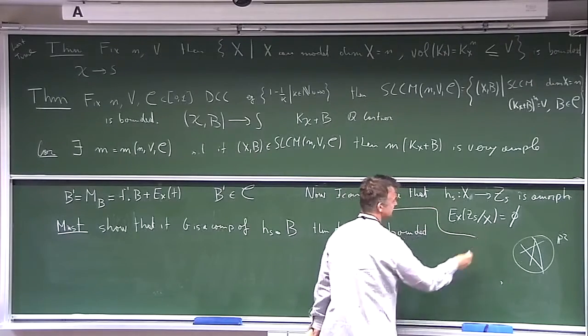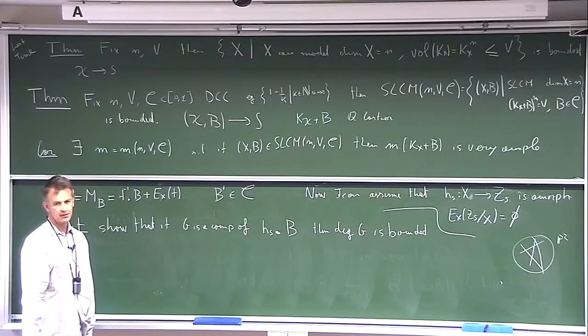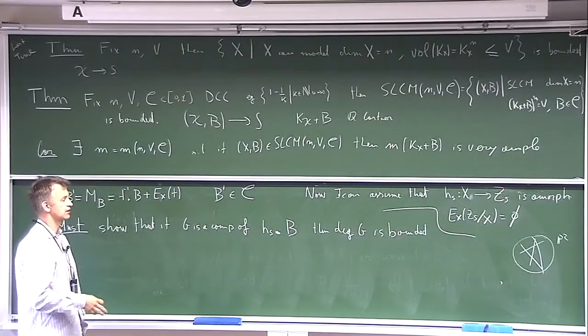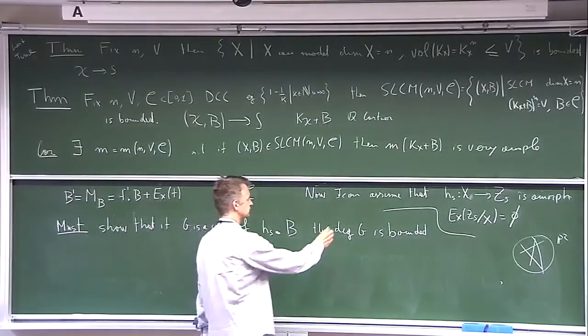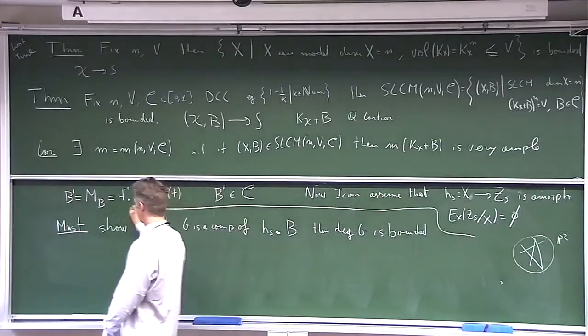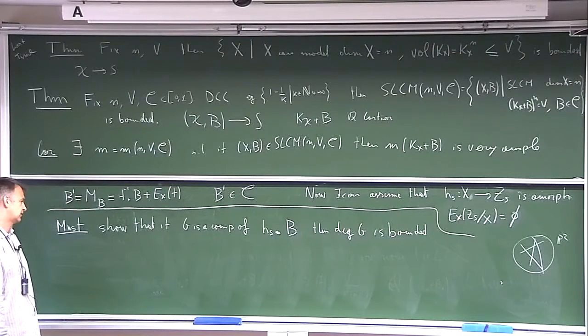This is certainly a necessary condition. If it belongs to a bounded family, then it must have bounded degree. But it's also a sufficient condition by a Hilbert scheme, Chow scheme argument. By standard, you just look in Grothendieck's paper, it's stated that way.